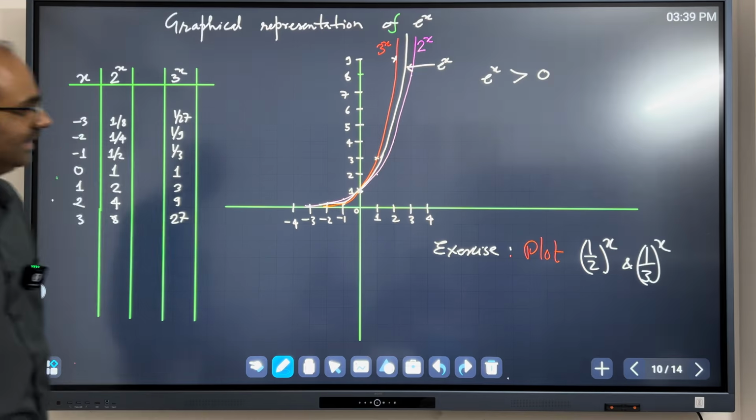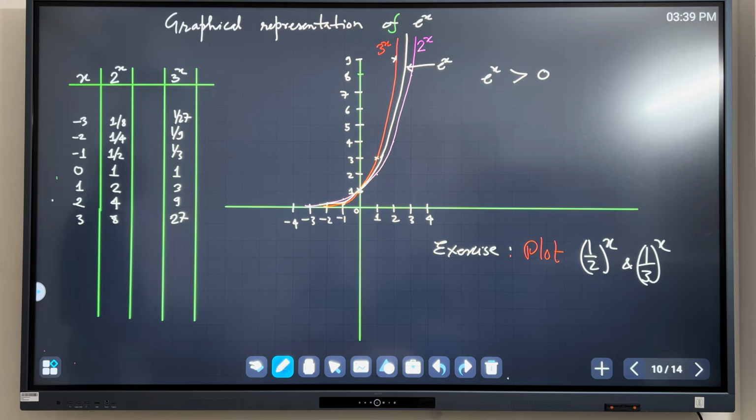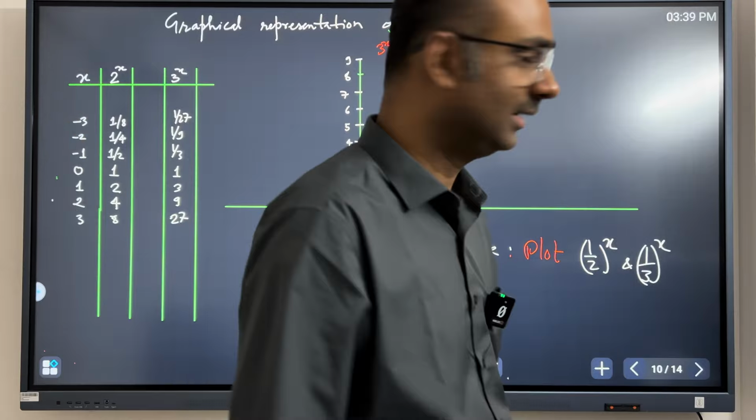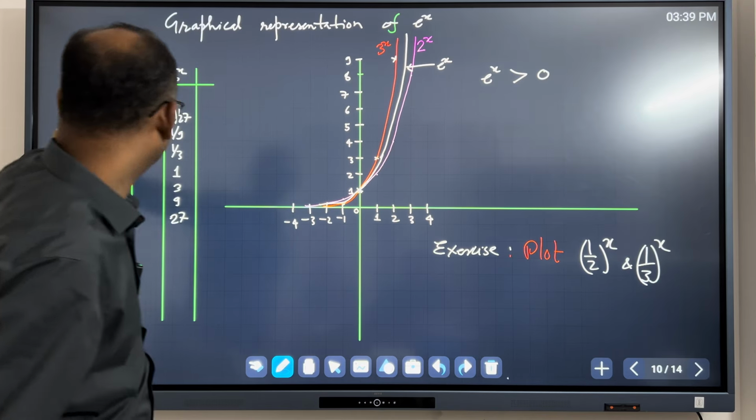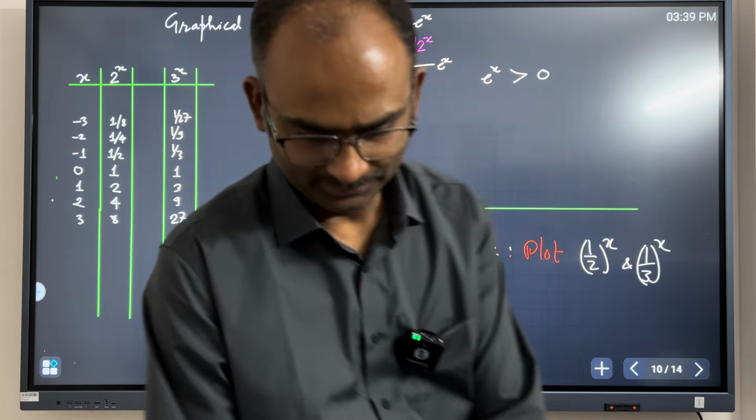You should already be able to guess what it will look like. You should do this and compare. See, these values are just interchanged, right? Anyway, so do it.